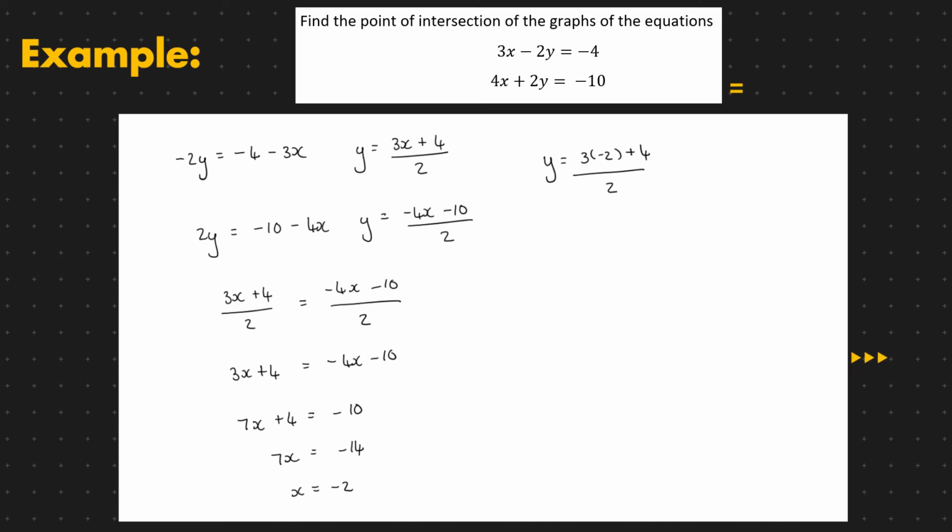So we're going to have negative 2 divided by 2. So we will get y as negative 1. So our point of intersection is negative 2 for the x coordinate and negative 1 for y.